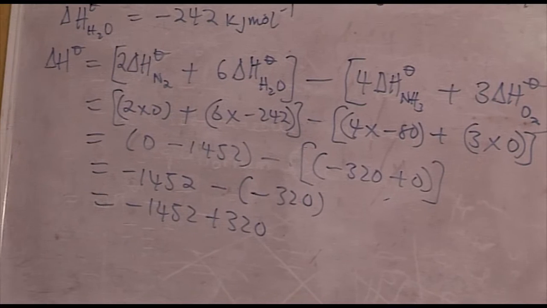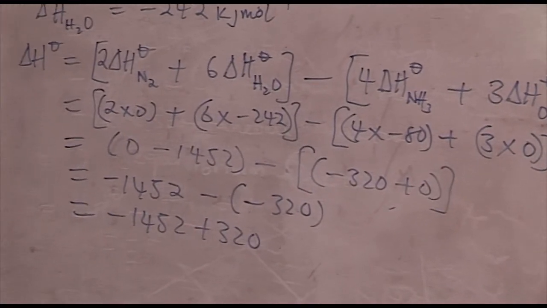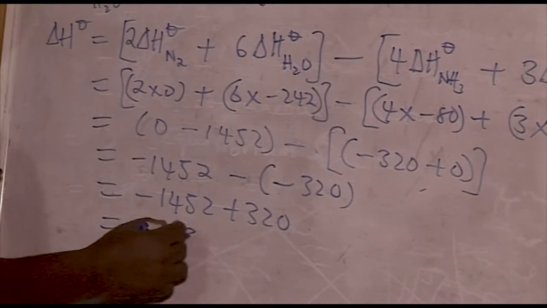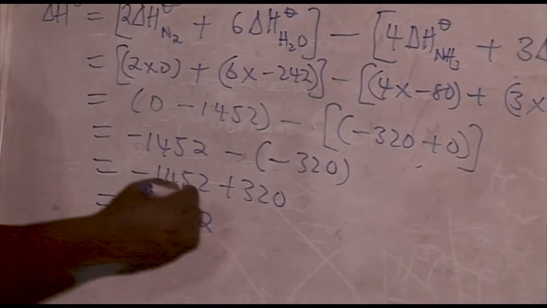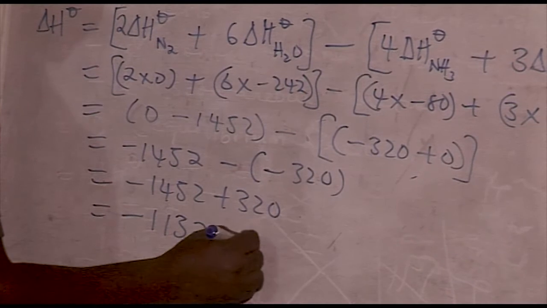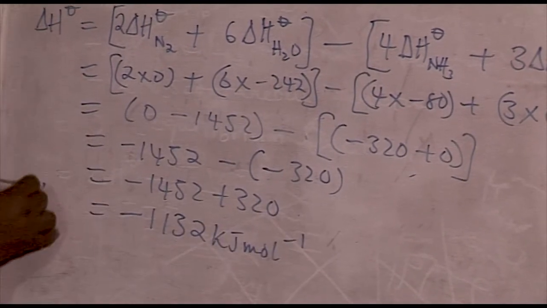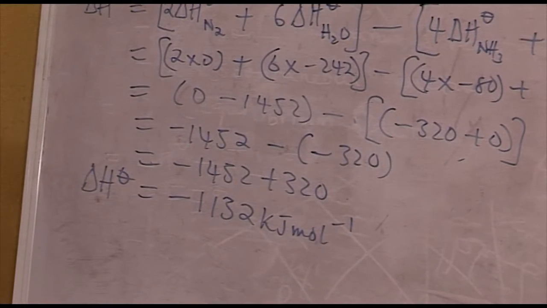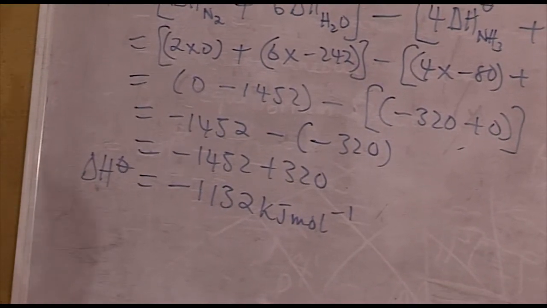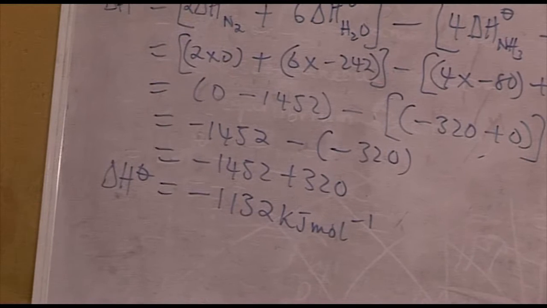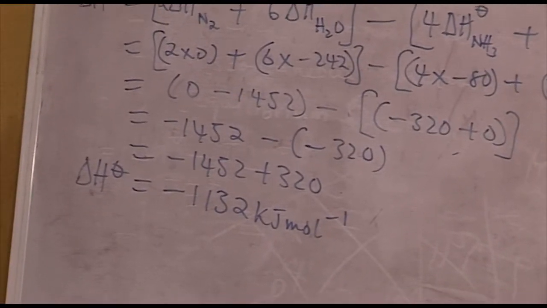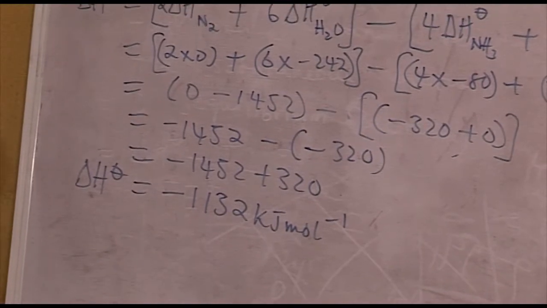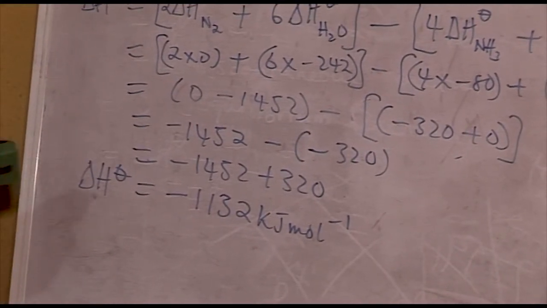So we have it as minus 1452 plus 320. So that will be minus 1132 kilojoule per mole. So that will be the standard enthalpy change for the reaction, using one of the equations that we referred to initially.